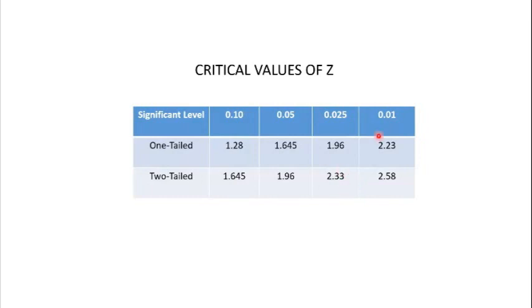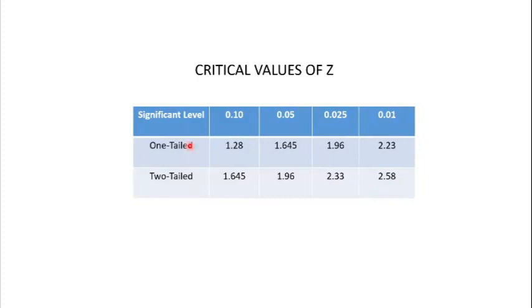And then for the 0.01, we have the one-tailed test, which is 2.23. And for the 0.01 ng two-tailed test, for the 0.05, ito naman siya, 2.58 for the two-tailed test, which is kapag kinambay yung 0.005, we have the 0.01.